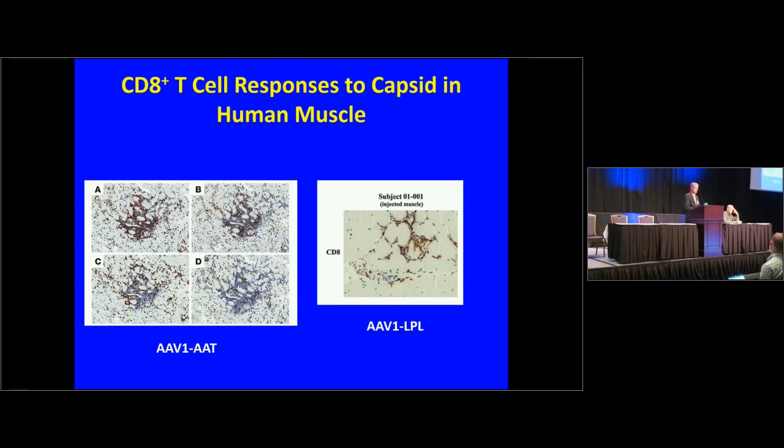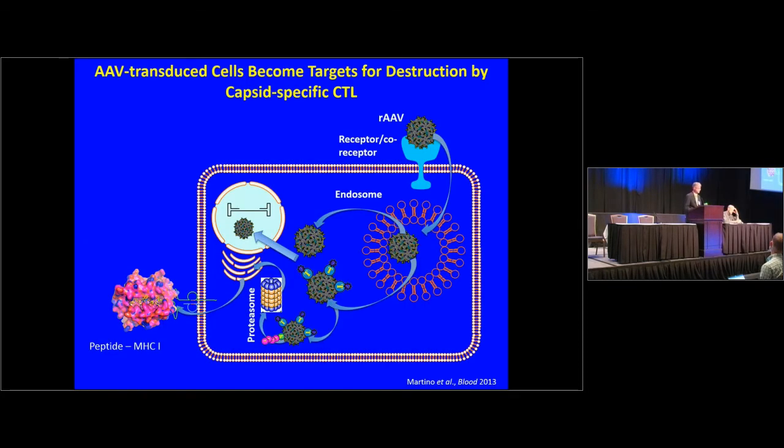Those CD8 T cells to capsids have also been observed in muscle gene transfer, although there, interestingly, they seem to resolve over time, and most of the expression was preserved, and the muscle tissue actually started to be more populated with regulatory T cells that may have played a role in downregulating the response.